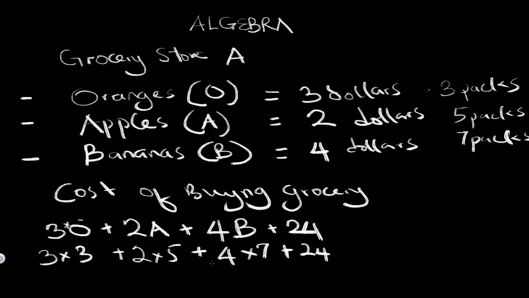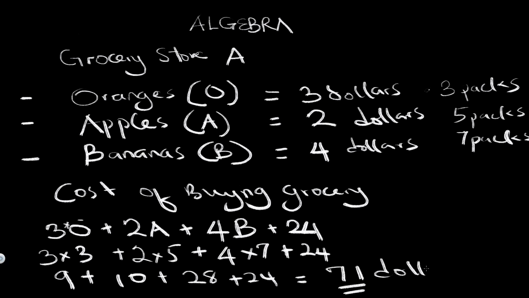So here they could easily come to the conclusion that they are spending $71 for that month. And this is all coming from the idea that they already have this model.